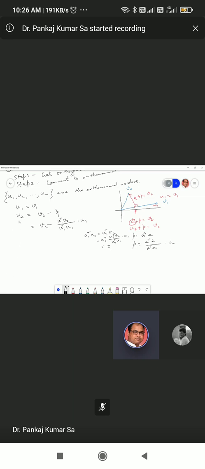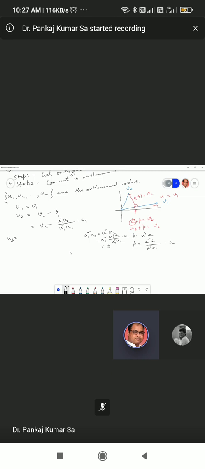So U1 and U2 are orthogonal to each other. Now, for two vectors we have found, V1 and V2. What about U3? U3 has to be derived in such a way that U3 is orthogonal to U2 as well as orthogonal to U1.